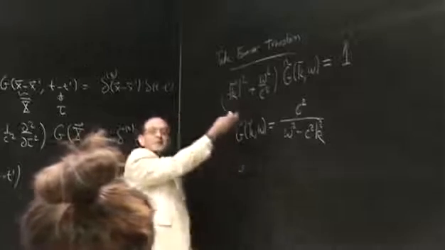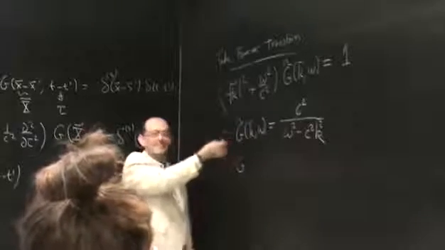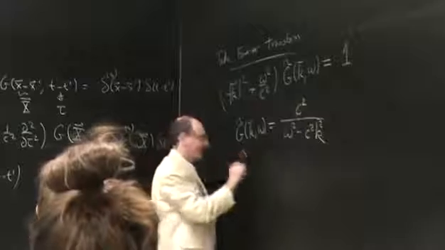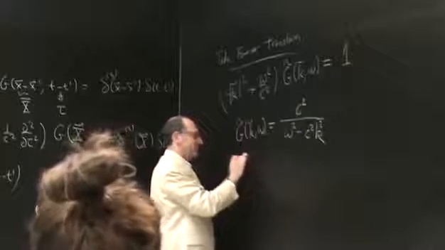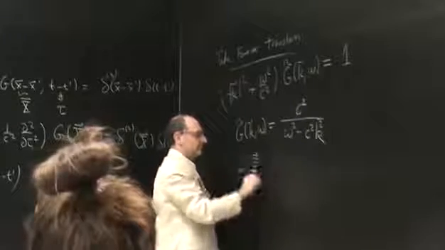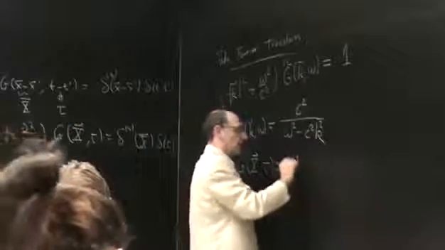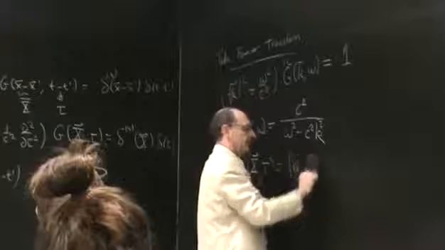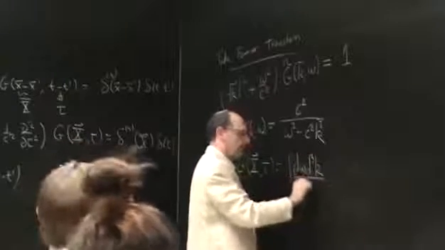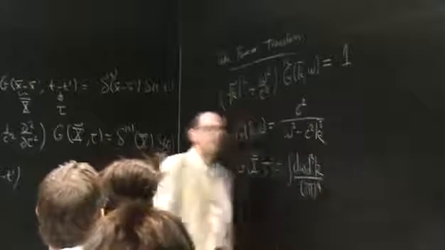Isn't it nice to solve a differential equation in Fourier space? That's lovely. I have to integrate over omega, integrate over k. I have a 2 pi for each of those.